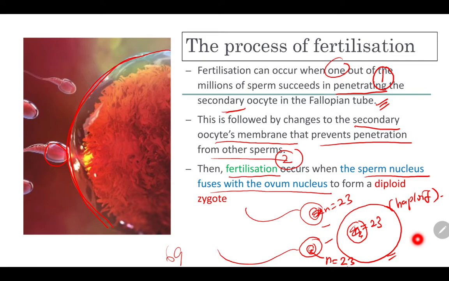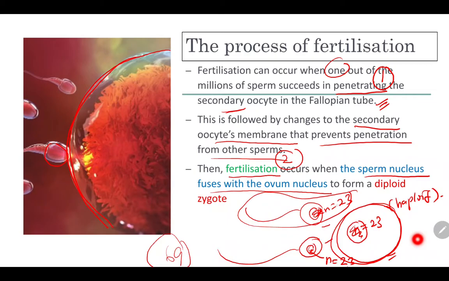A normal human contains 46 chromosomes. But if the zygote has 69 chromosomes, you are no longer a human being. You are something else. Okay, that is why only one sperm would successfully penetrate and fertilize one secondary oocyte.